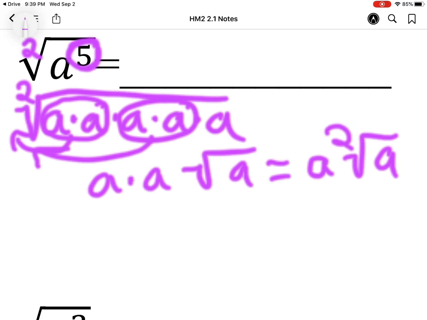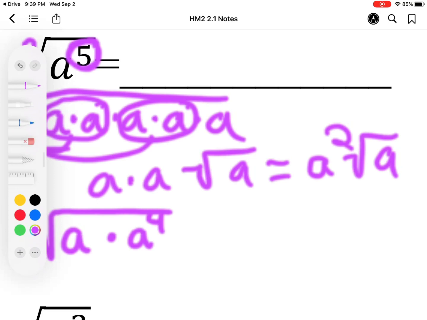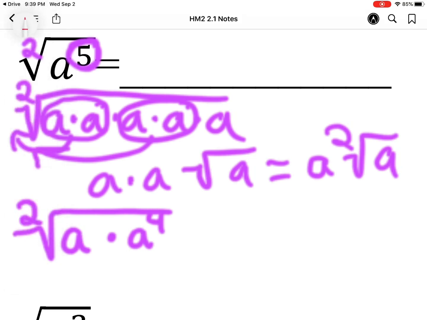The other way is that we want this 5 to equal still a to the 5th, but we want the exponent to be even. So we're actually going to take away 1 a and put a to the 4th together. Just let me change the color so you can see it.